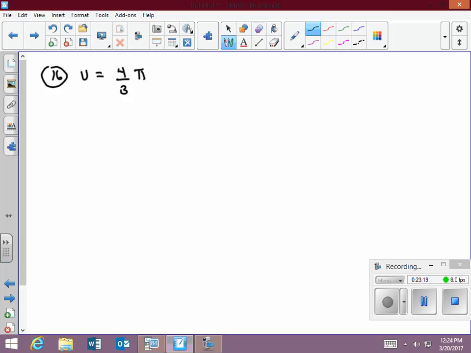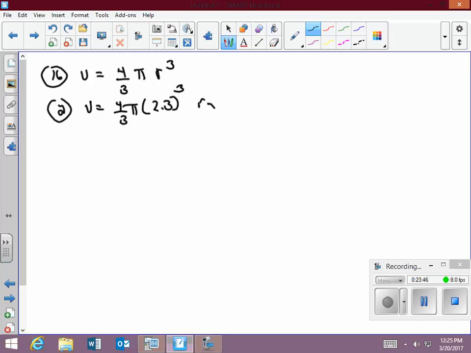Pi r cubed. 4/3 pi r cubed, right? R is 2.3 cubed. This is inches.